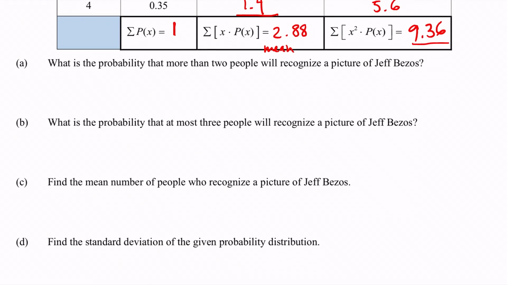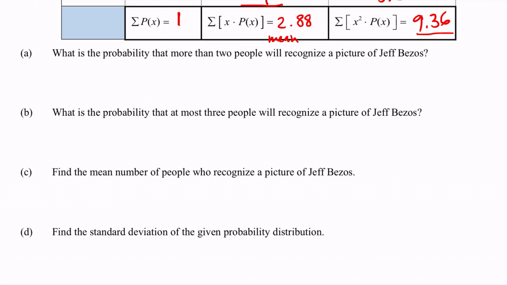But let's look at the questions below asking about a particular probability. So we can use the table to help us answer some questions about probabilities. What is the probability that more than 2 people will recognize a picture of Jeff Bezos? We can think of that as the probability that our random variable x is greater than 2.